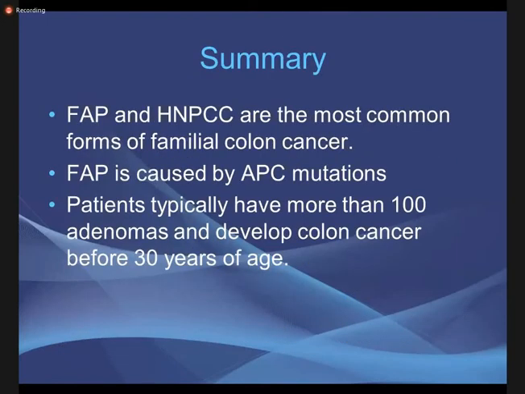Now the summary: familial adenomatous polyposis and hereditary non-polyposis colon cancer are the most common forms of familial colon cancer. FAP is caused by APC mutation, and patients have more than 100 adenomas and develop colon cancer before the age of 30 years.